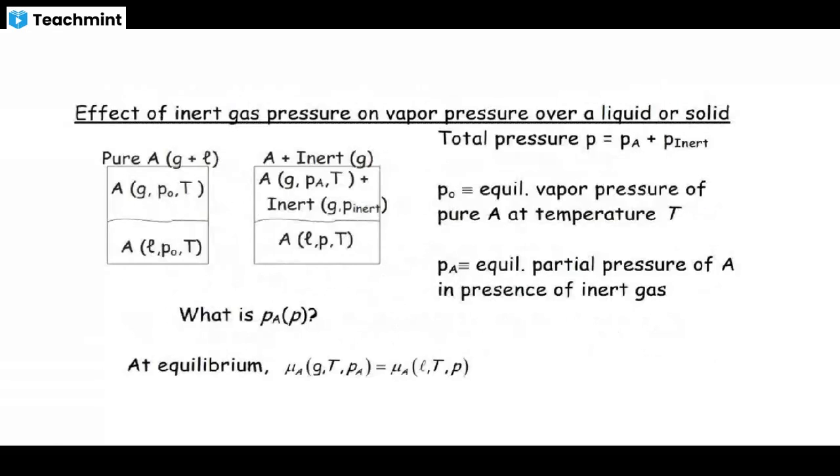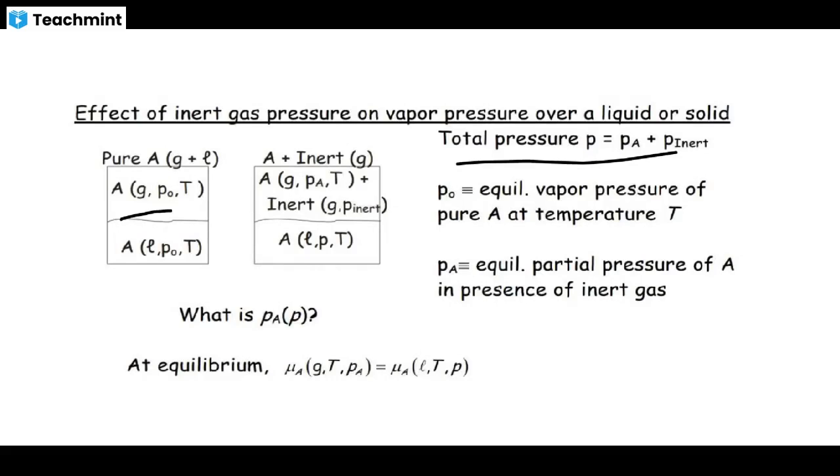Now, the effect of inert gas pressure on the vapor pressure over a liquid or solid. The total pressure is P equal to Pa plus P inert. Take a pure gas A, with vapor and liquid.